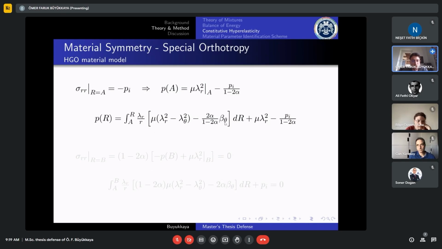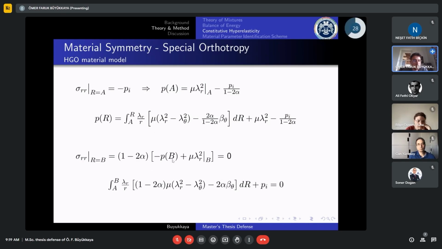We get this expression, and then by applying the boundary condition at the outer wall of the cylinder, we get a final equation that relates the applied inner pressure, axial extension ratio, and the deformation r, which consists of the unknown inner radius a. The only unknown is the lowercase a, which can be found by a root finding procedure.